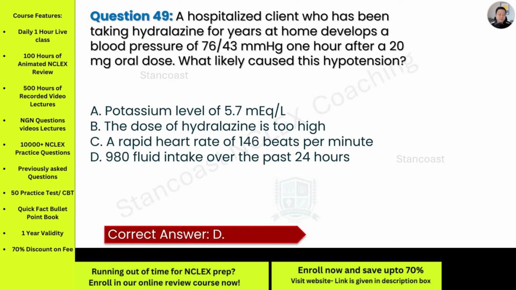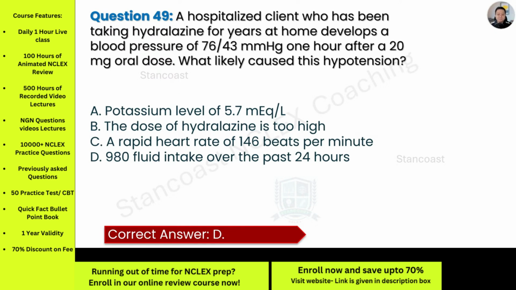And so take note about the 20 milligrams that the patient has taken. It's within the recommended dosing range. And the high potassium level that you are seeing in letter A, it's unrelated. And the increased heart rate is a compensatory response to the hypotension.